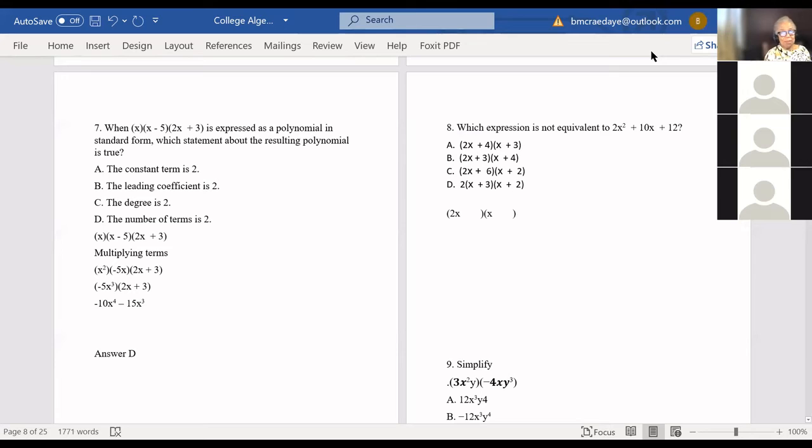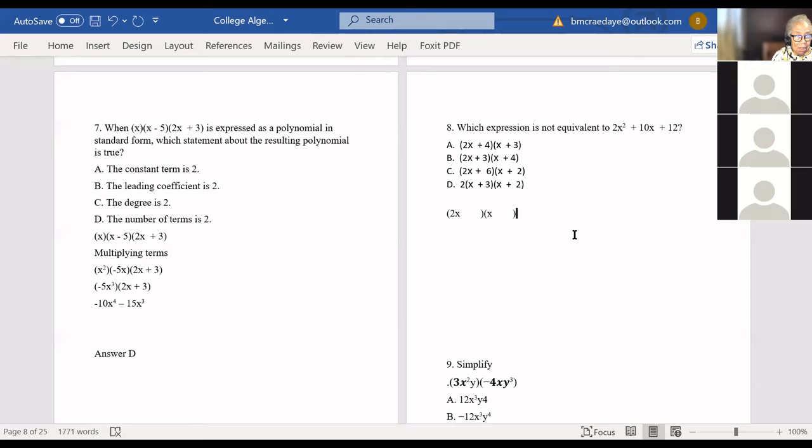All right. Does everybody understand now? The 2x to the second has to be a 2x times an x, right? So now, 2x plus 3 and x plus 4. Which answer would you say, Chastity?